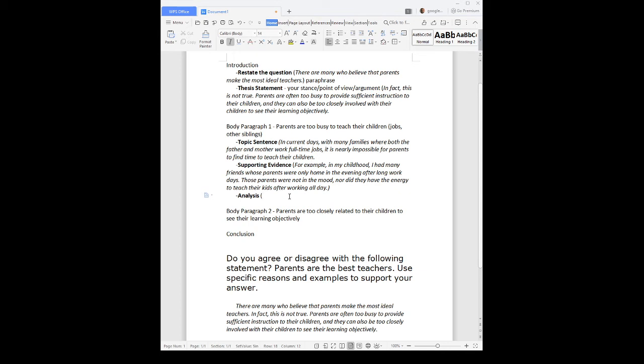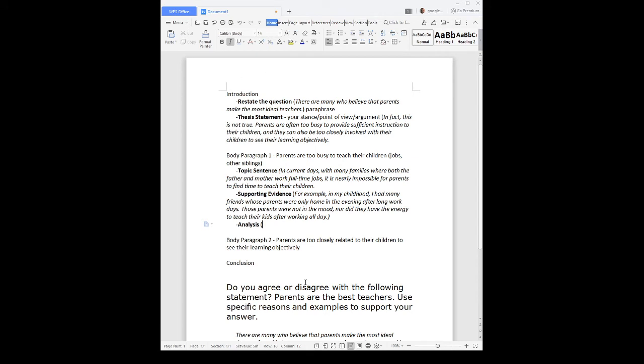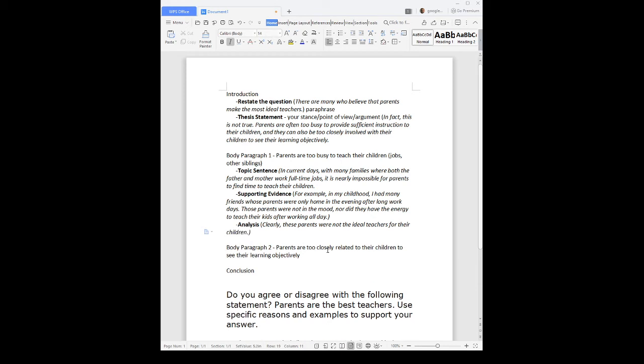And I can just say, using the words from the thesis statement or from the question, I can say clearly, these parents were not the ideal teachers for their children, right? Just simple as that. Okay, analysis can be really complex, it can be fancy, or it can just basically be saying A plus B equals C, therefore, right? Obvious conclusion, obvious thing there, right?